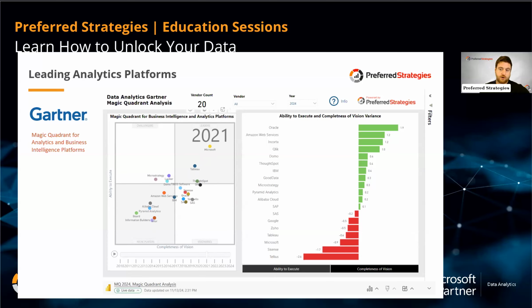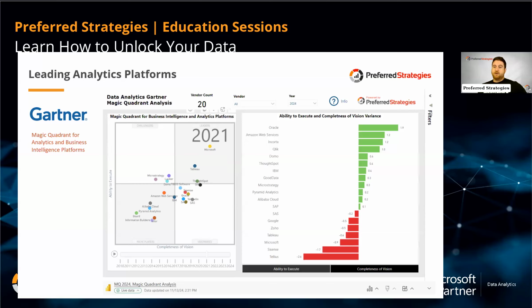For those that aren't familiar, Gartner analyzes all the vendors in the analytics sector and then ranks the top 20 or so based upon their completeness of vision and their ability to execute. And the goal is to be in this upper right-hand quadrant, which they call the leaders quadrant.